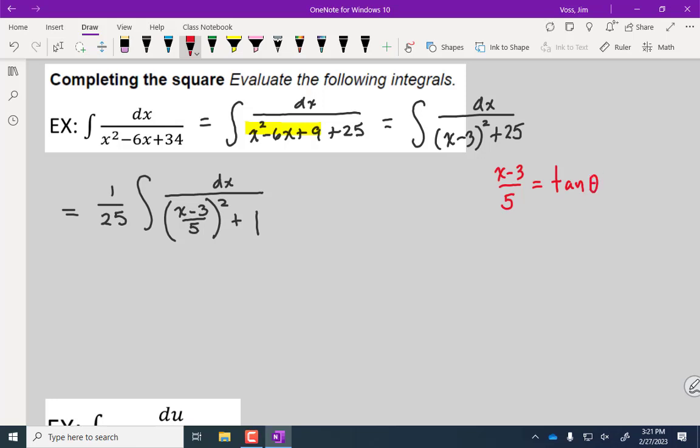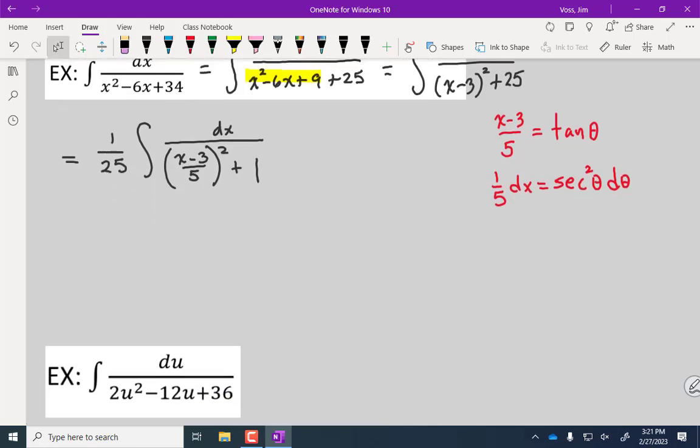What's the derivative of the left side? 1/5 is the derivative of the left side. Derivative of the right side. All right, so let's do our substitution. Back in, we're going to have a 1/25 in the numerator.